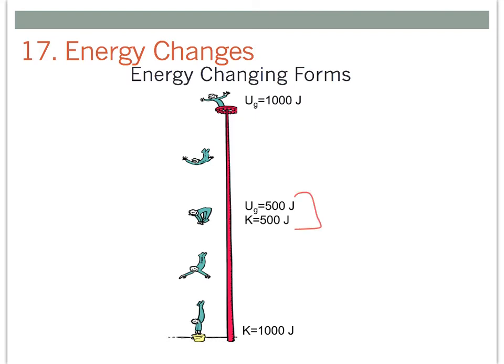At this midpoint here, our total energy is still 1,000 joules. We just have 500 of it has become kinetic. And then we end with 1,000 joules of energy. So the total energy of the object is not changing here. All that's happening is gravitational potential energy is being transferred into kinetic.